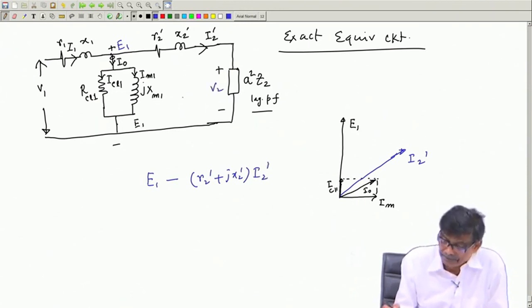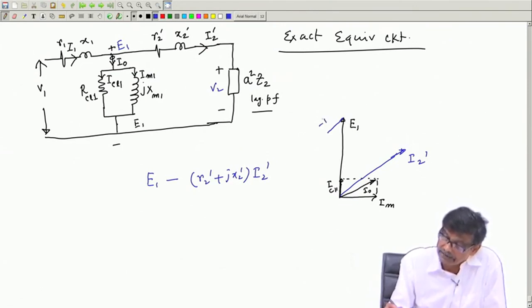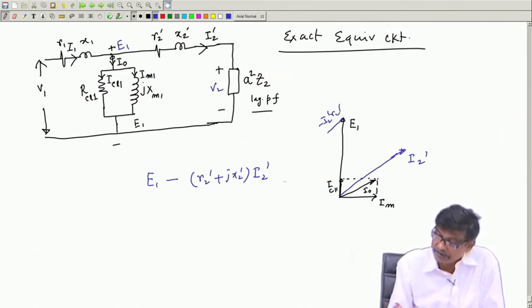That is E 1 minus I 2 dashed R 2 dashed. I will make it dirty, but you just try to understand how complicated it becomes, but it can be done. Minus I 2 dashed R 2 dashed, then minus J x 2 dashed I 2 dashed. J x 2 dashed I 2 dashed is perpendicular to this.